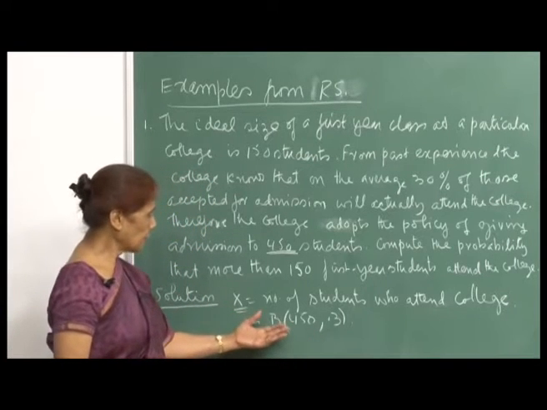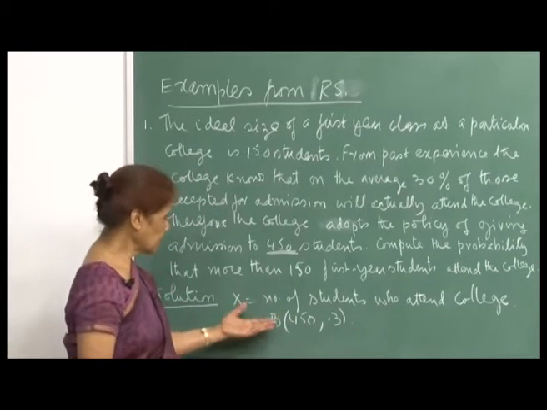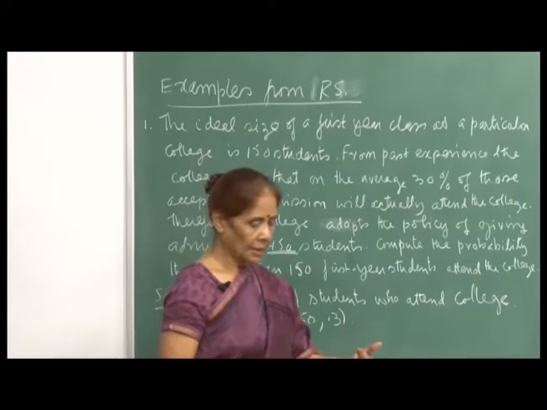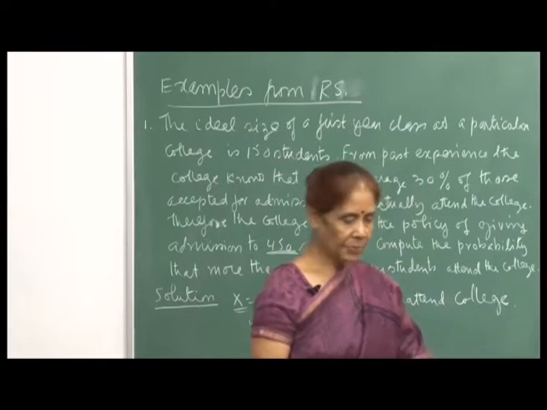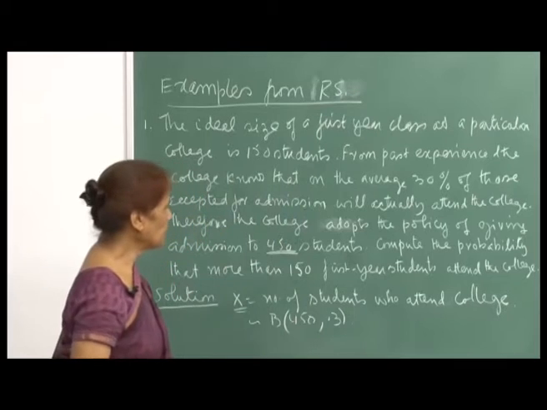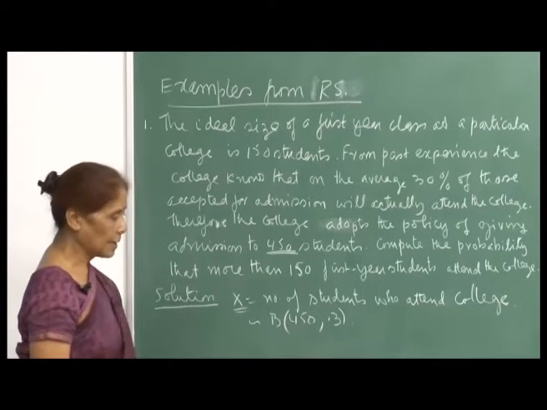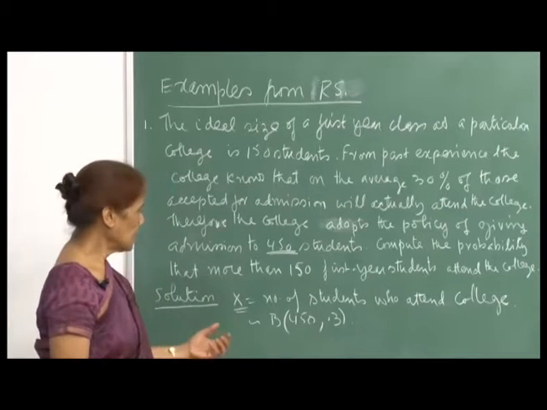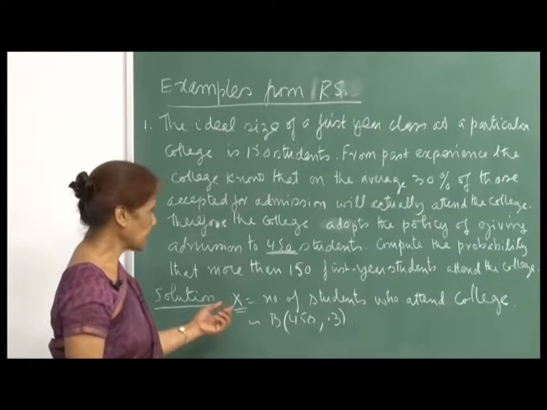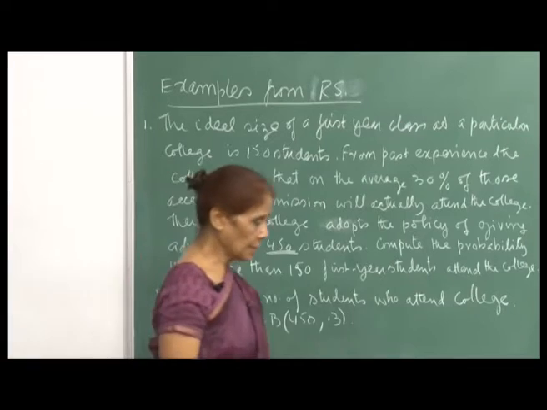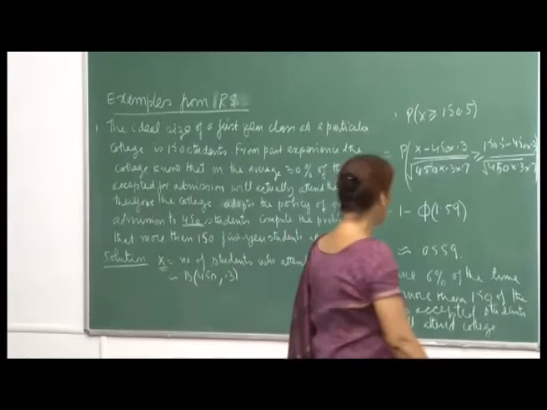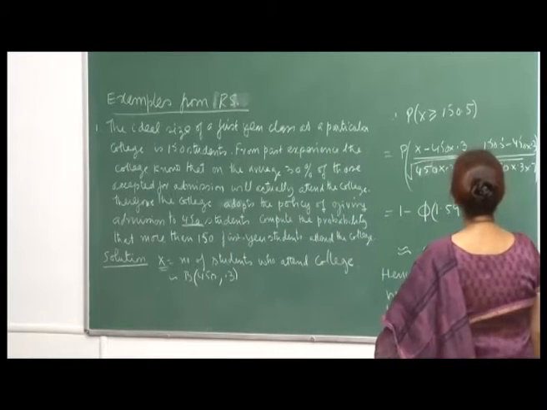So, this is binomial 450 comma 0.3, because we are treating that the experiment has been performed, that means admissions have been offered to 450 students, and out of this those who actually attend the college is a success. So, the number of successes we are saying is a binomial random variable, right. So, therefore, you have to compute the probability.